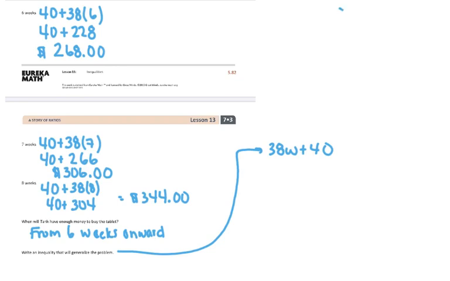Now, I need to choose whether I'm going to use the greater than or equal to sign, the less than or equal to sign, the greater than sign, or the less than sign when I am comparing this side of my equation to $265.49.